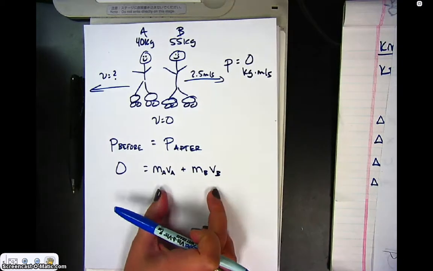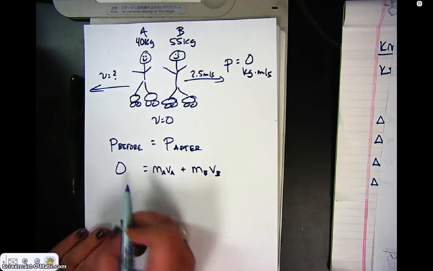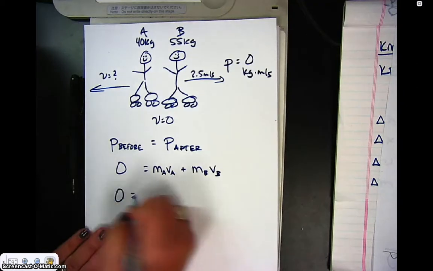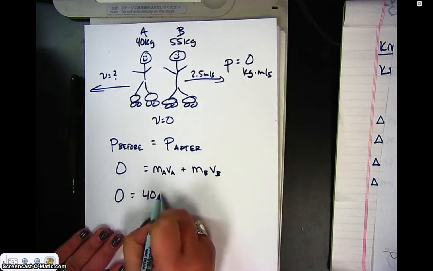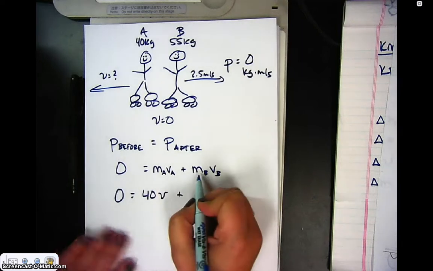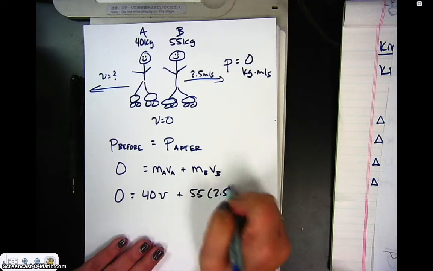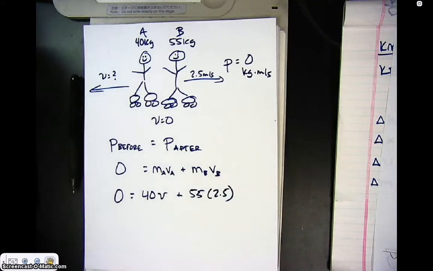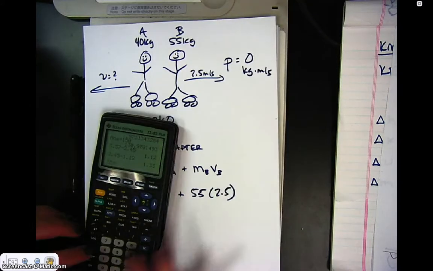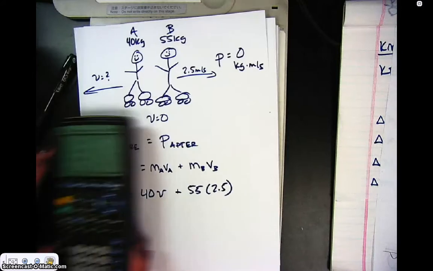The reason this is going to work is because velocity is a vector. So we set 0 equal to 40 times v plus the mass of this person, which is 55 times 2.5. If I calculate that out, we get 137.5.